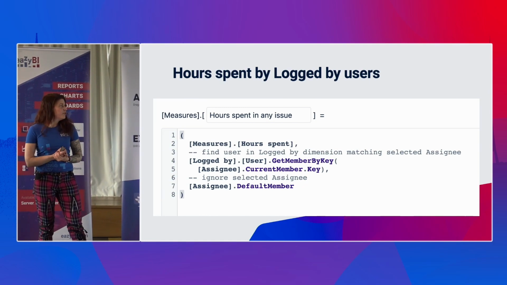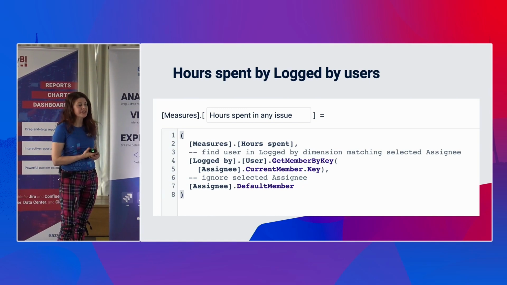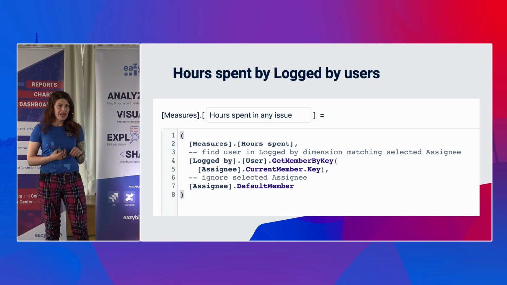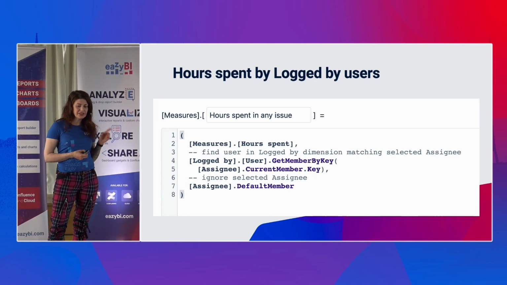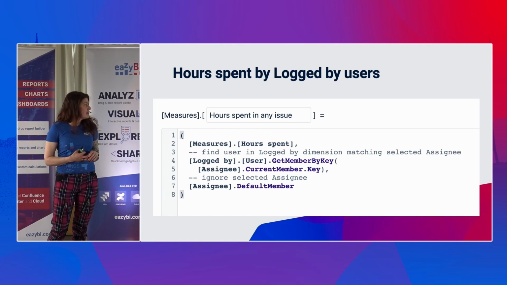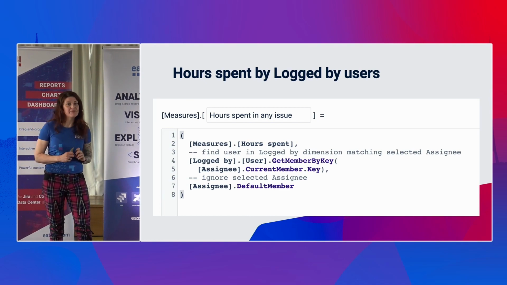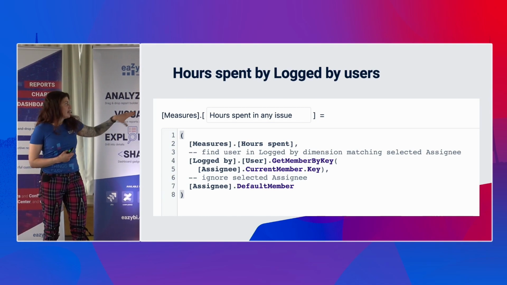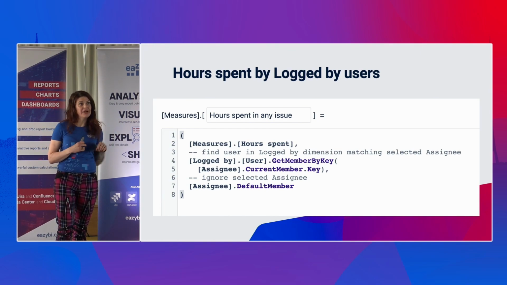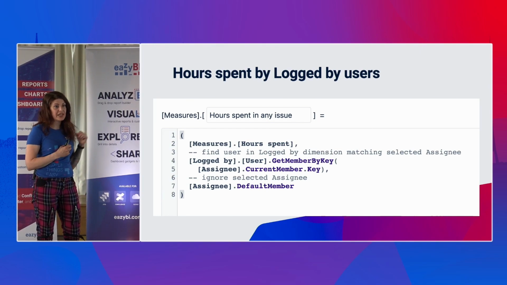Then in lines 4 and 5, I'm doing a trick. I'm using the function getMemberByKey. I'm saying that I want the assignee dimension, what we have on report rows, to represent the logged by dimension members. Those two lines say, look up the person in logged by dimension that matches the assignee on report rows.